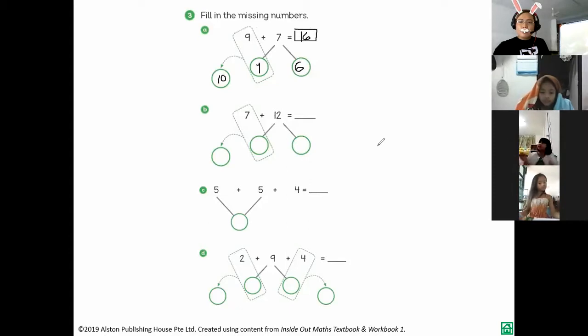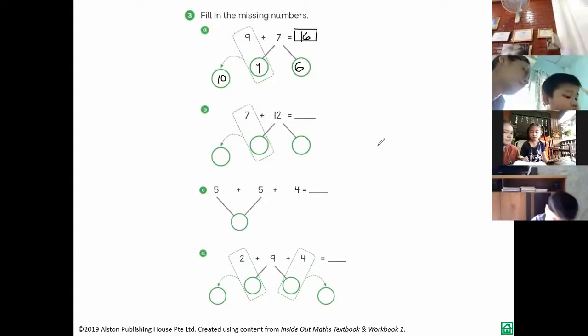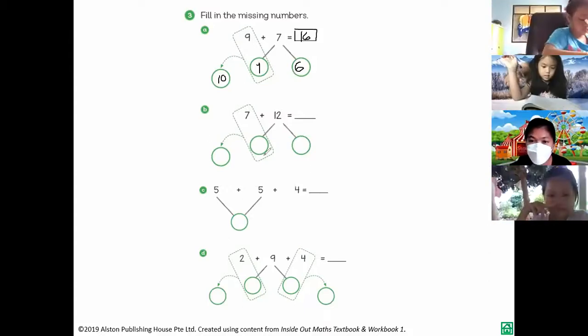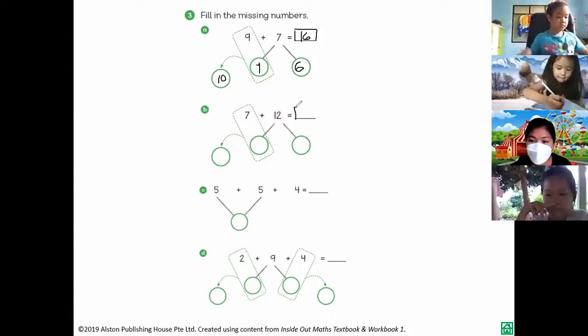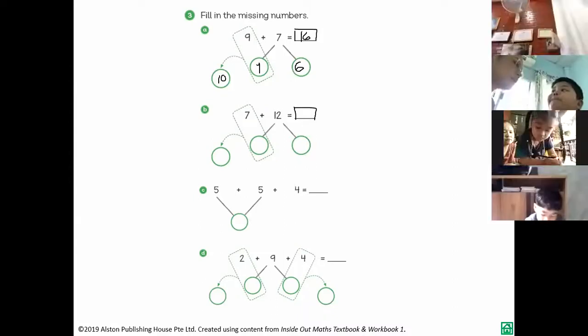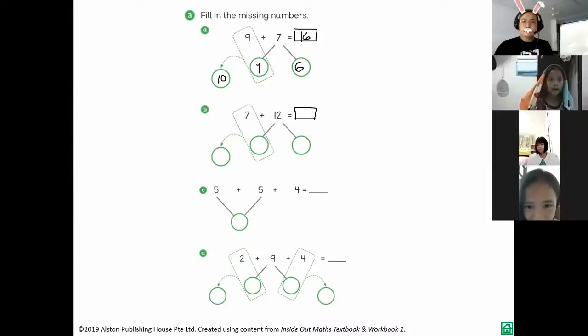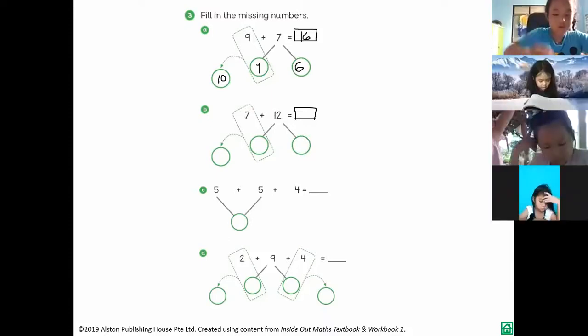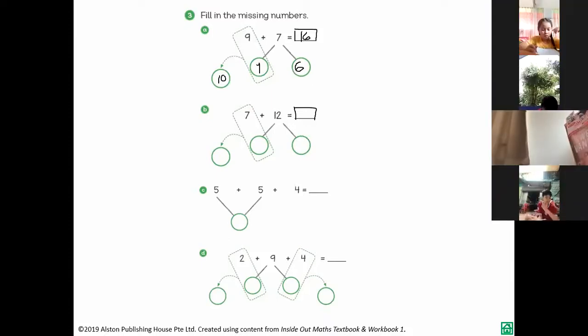Letter B. What about Mawin? Mawin, letter B. 7 plus 12. 19.